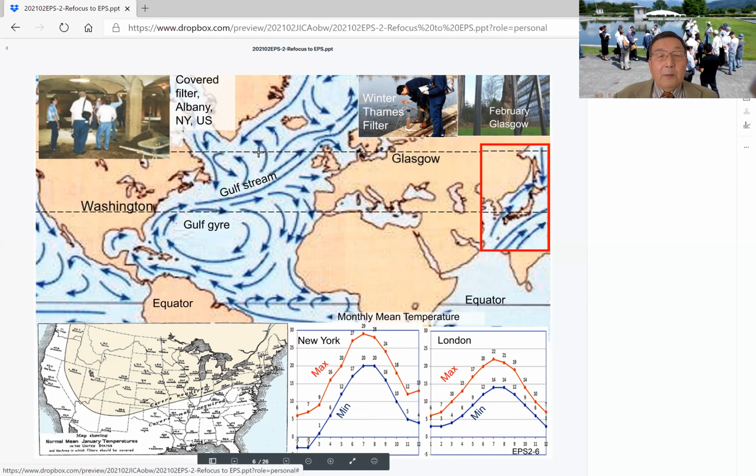It does not depend on latitude, but in continents the air temperature is very severely cold. Therefore, he recommended that in this area it is better to cover.